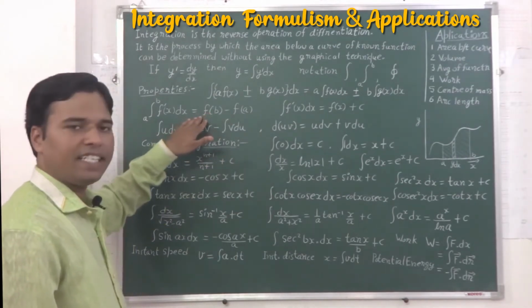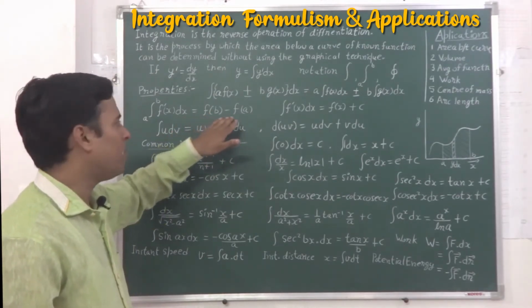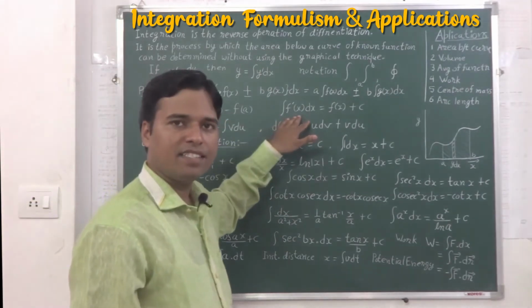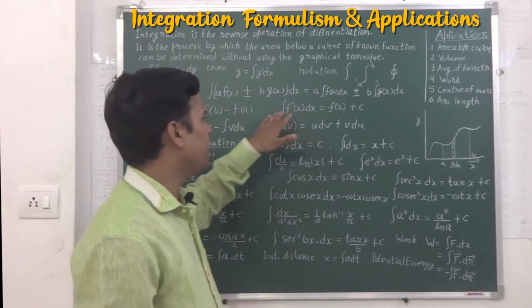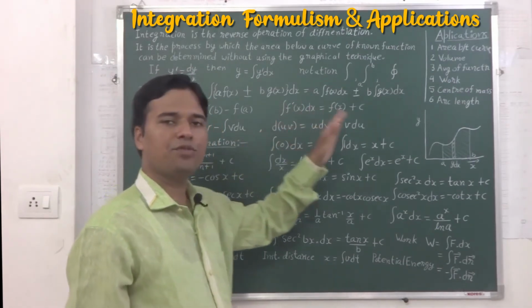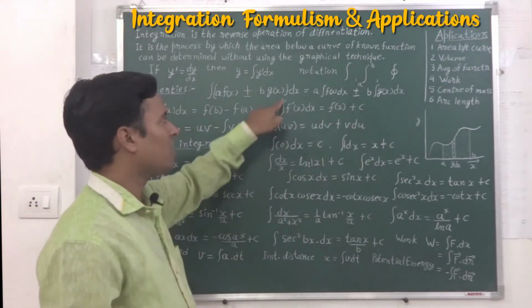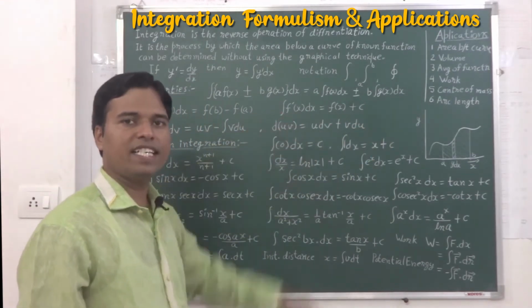Then we can write it as f of b minus f of a. If we want to get the integration of some derivative with no limits given for this integration, then we will have to write f(x) plus c.